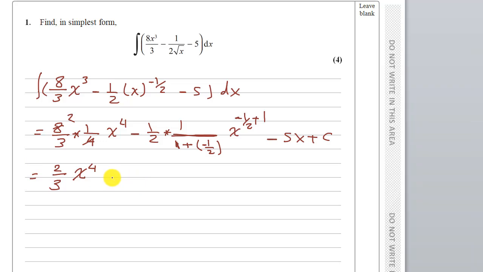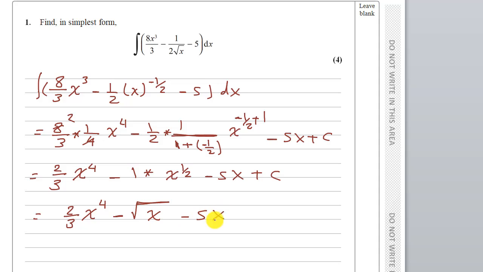So minus 1 multiplied by x to the power half minus 5x plus c. So it's equal to 2 over 3 x to the power 4 minus square root of x minus 5x plus c. And this is the answer of this question.